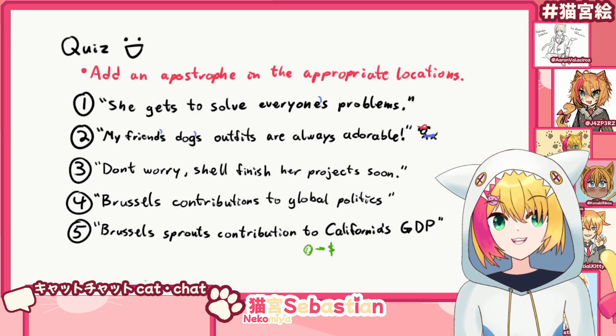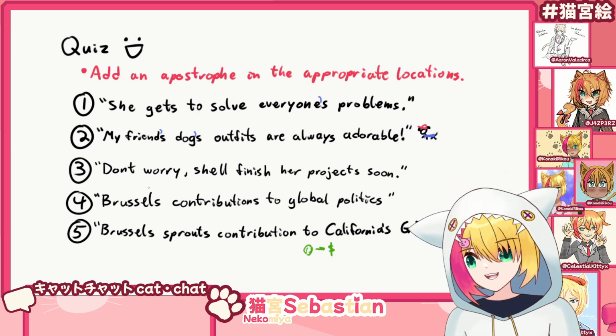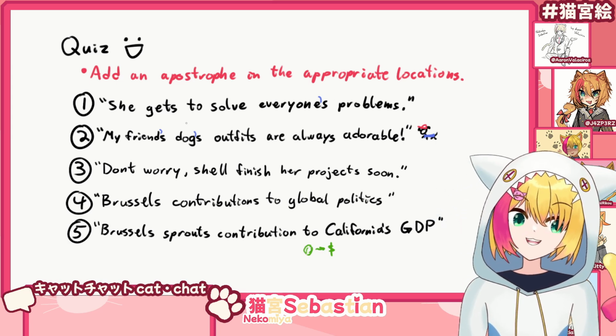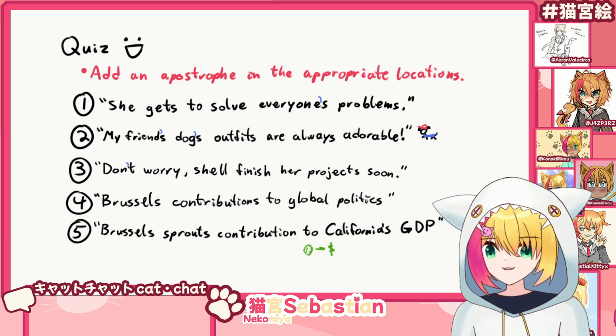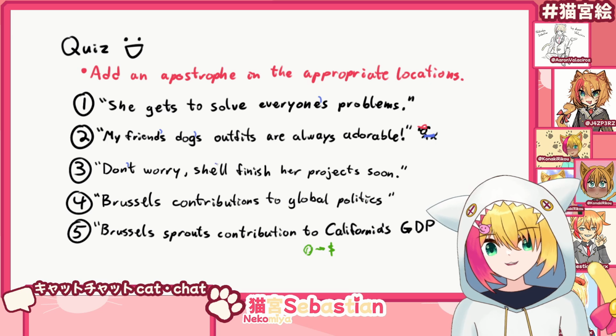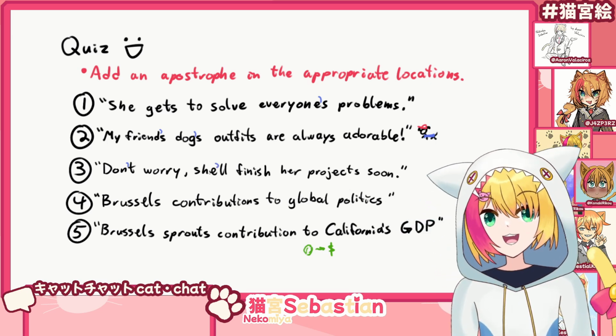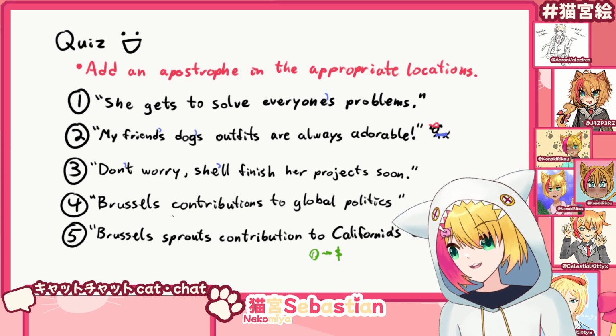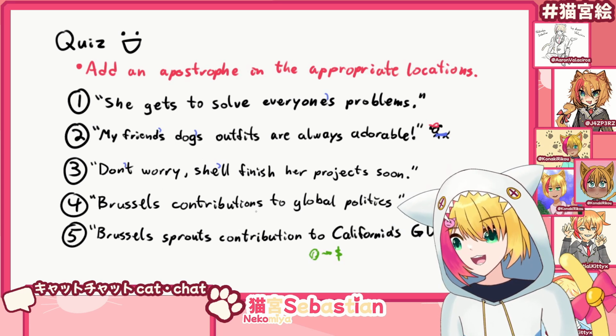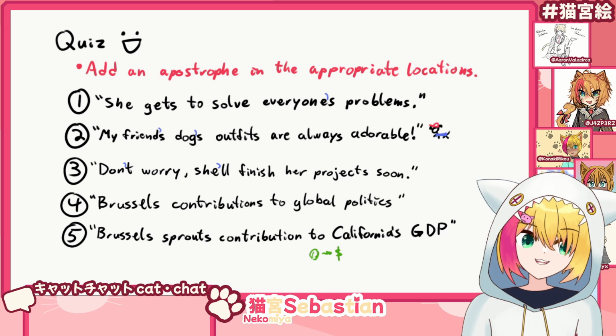Okay. Next one. "Don't worry, she'll finish her project soon." So this one is for contraction practice. No apostrophe on the plural. Good. Next one's a little tricky. "Brussels' contributions to global politics." This is just a phrase, not a sentence.